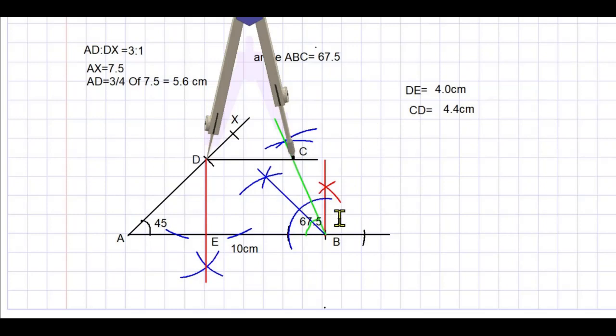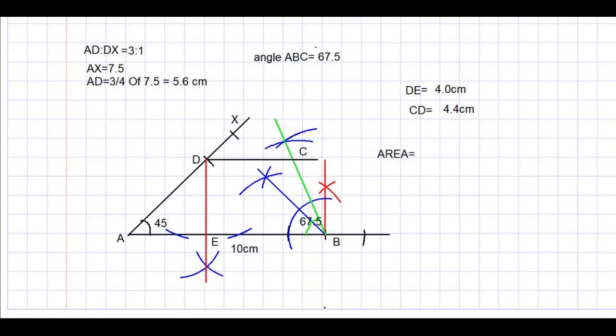Then we need to find the area of the trapezium ABCD, and area of trapezium is given by a half perpendicular height times sum of the two parallel sides. So half times DE, then into bracket we have AB plus CD or DC.